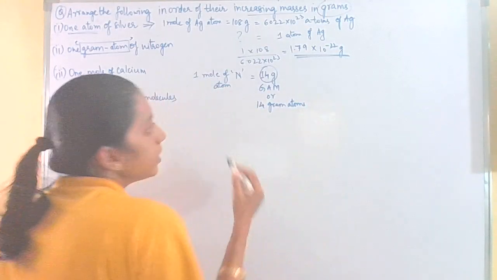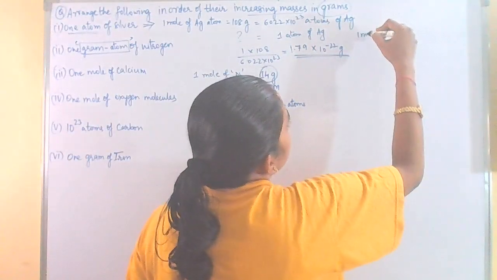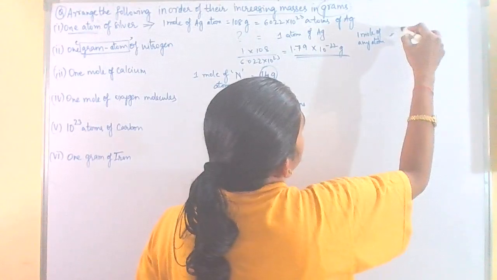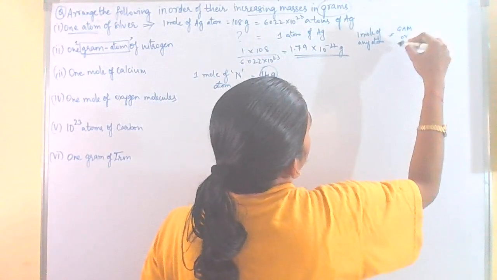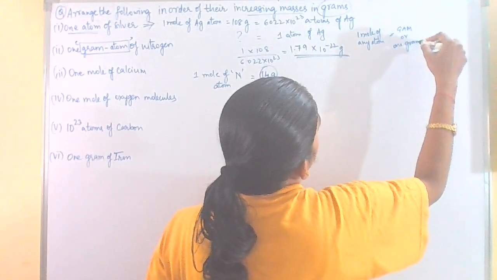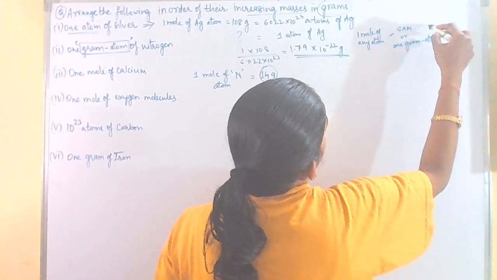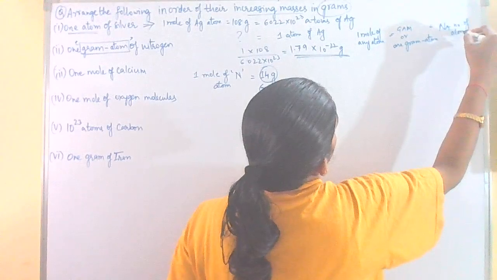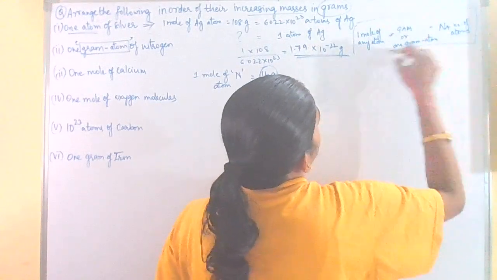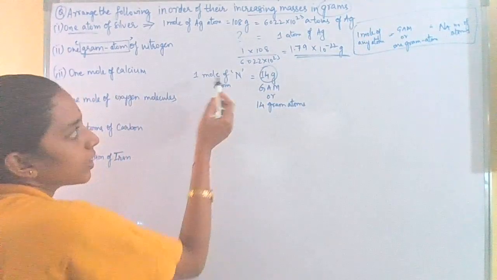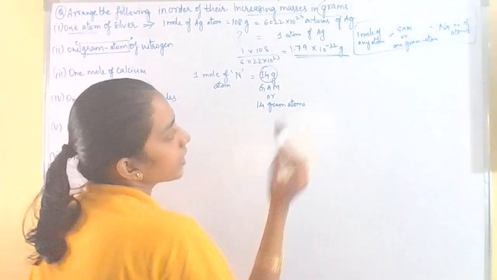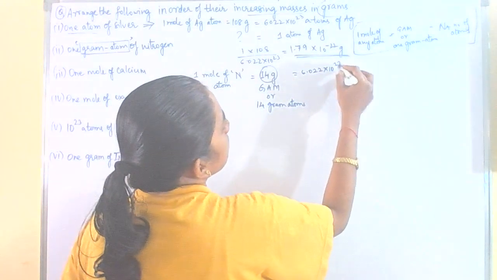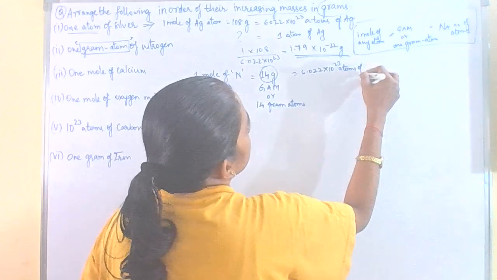Generally, 1 mole of any atom is equal to its gram atomic weight, or 1 gram atom, which is equal to Avogadro's number of atoms. This is the general form. Here we have taken nitrogen, so it is 14 grams, which is equal to 6.022 × 10^23 atoms of nitrogen.